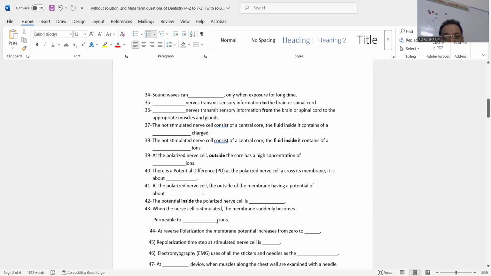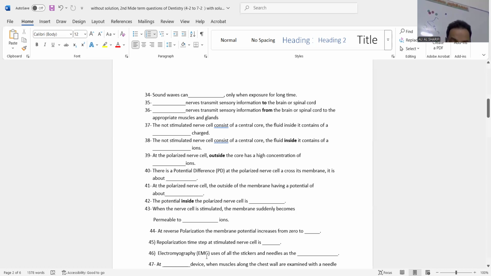To which ion? To make this change at reverse polarization, the membrane's potential increases from 0 to which number? The repolarization time step at the stimulated nerve cell is how many seconds or milliseconds? I don't know. You must be sure.